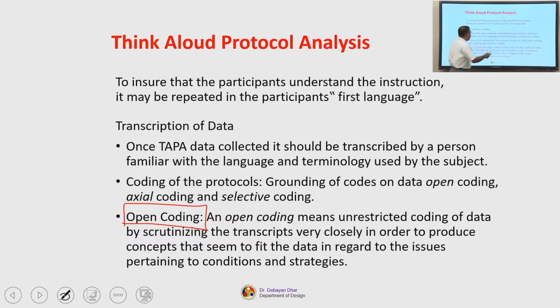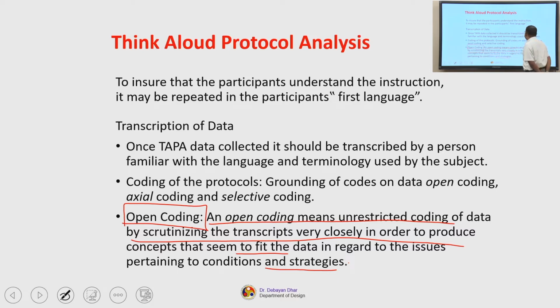For example, if you read this entire sentence, you will understand a particular theme or meaning that has been communicated to you. And if I ask you to convert this entire sentence into 2-3 words to express how you relate to these statements, that is an example of open codes.